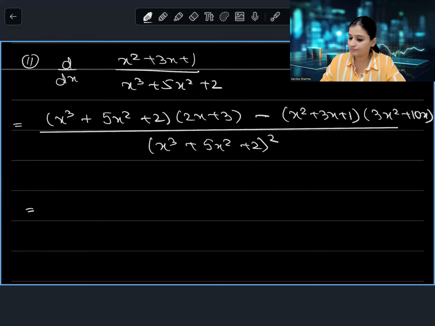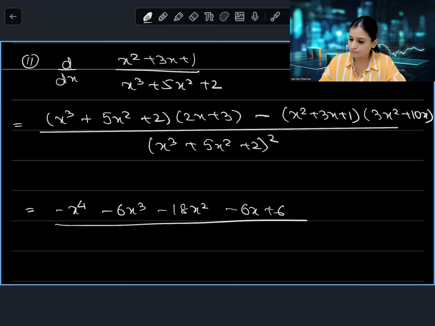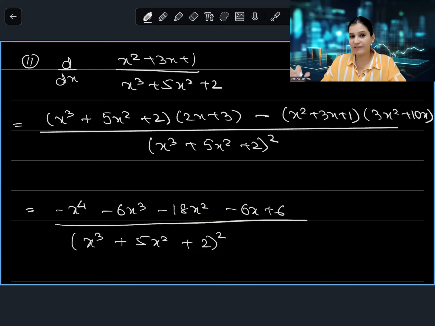The final answer: minus x to the power 4 minus 6x power 3 minus 18x square minus 6x plus 6. Very good. Minus 18x square. You have to do this. There's no question.